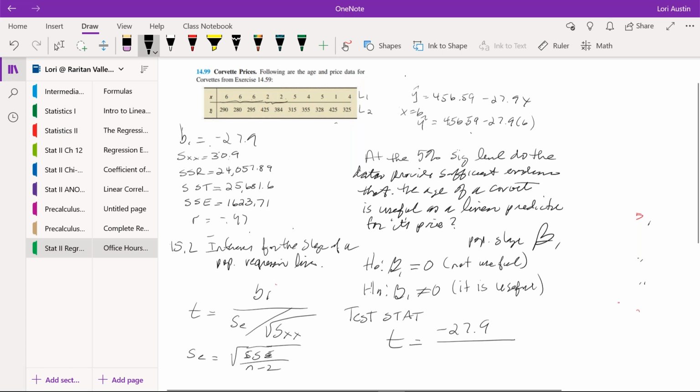Okay, let's find s sub e. s sub e uses SSE, the sum of the squares of the error, which we calculated last week, and that was 1623.71. Or actually, last week we calculated the sum of the squares of the regression and the sum of the squares of the total, because we needed to do that to find our coefficient of determination.